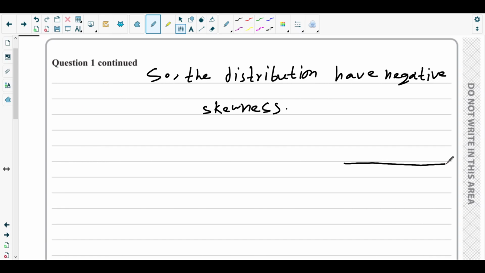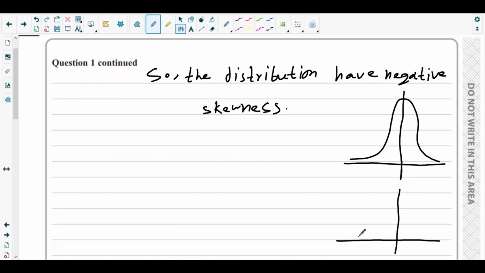Let me explain a bit about it. A symmetrical distribution is like this. The mean is right at the middle, the mode is right at the middle, the median is definitely at the middle. Since it has negative skewness, if this is the middle, it will be more distributed on the left like this.